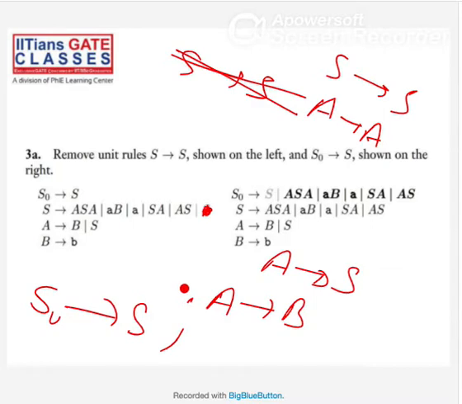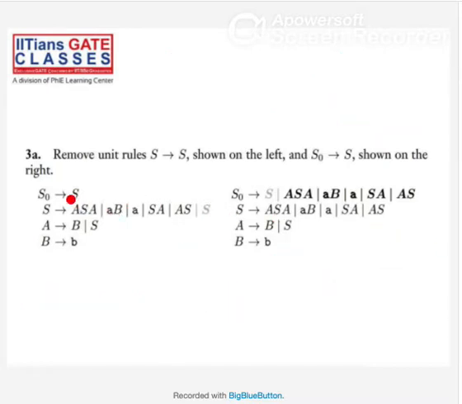Very easily you can apply the unit production removal algorithm. When you remove this unit production, put everything here. You remove this S and put everything here, so you get S0 goes to everything.